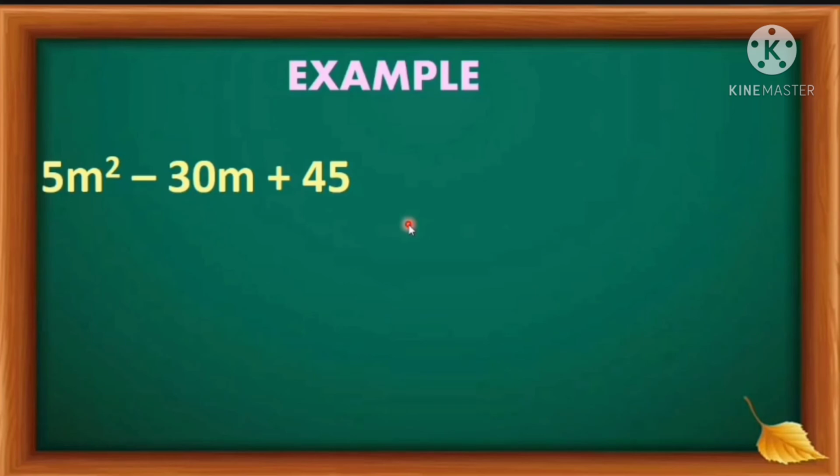What if we have 5m squared minus 30m plus 45? Okay, let us check first if this trinomial here is really a perfect square trinomial or PST. 5m squared, is the first term a perfect square? 5 is not a perfect square, so therefore this is not a PST. And also 45, which is the third term, is also not a perfect square. So what are we going to do with this?